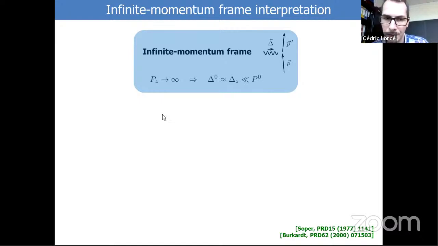If the momentum in the z direction of the nucleon is so large, then when you do scattering on it, the change in energy and the change in momentum in the z direction are much smaller than the average energy of the system. And so you are not really disturbing it.